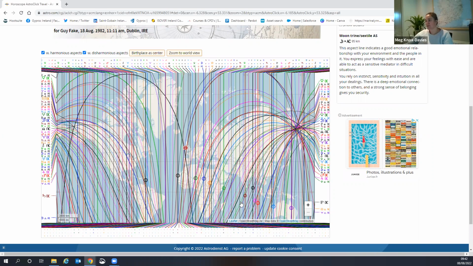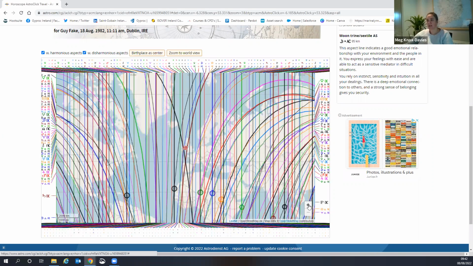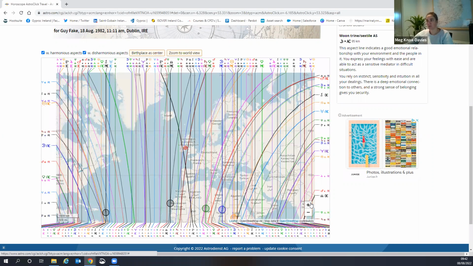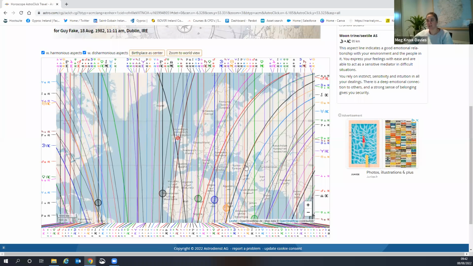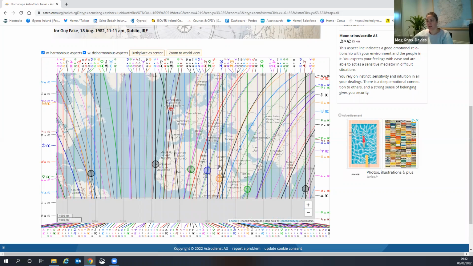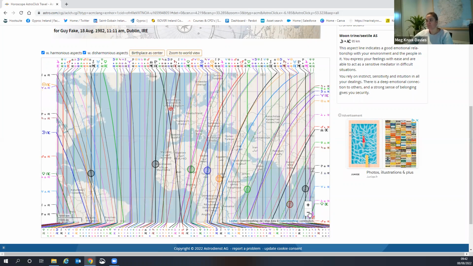And that's not entirely true. Everyone has lines. Yes, a lot of lines will run through the water, but that's not to say that you're going to have absolutely no lines to access. There's always either harmonious or disharmonious lines, or there's a major planetary line.